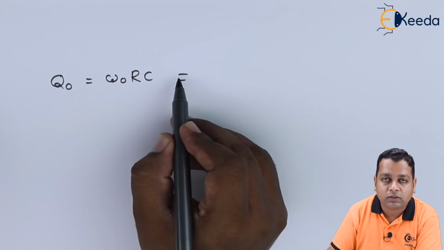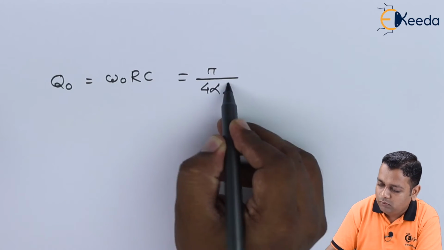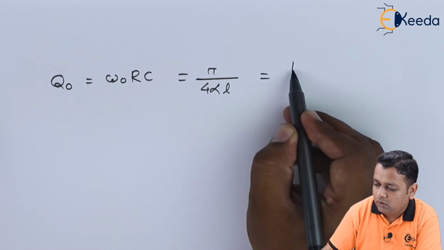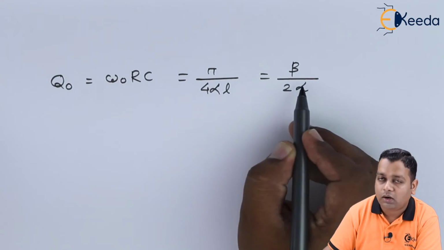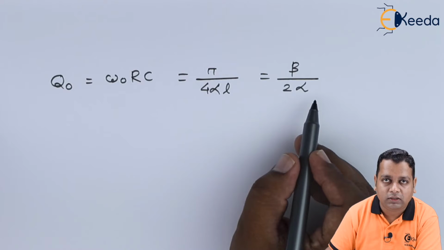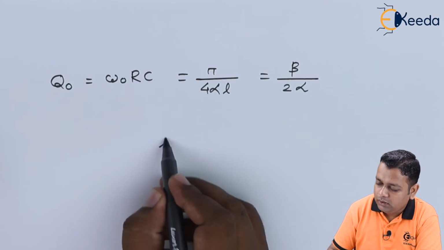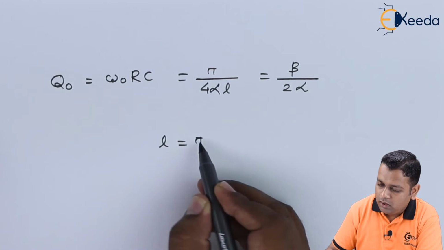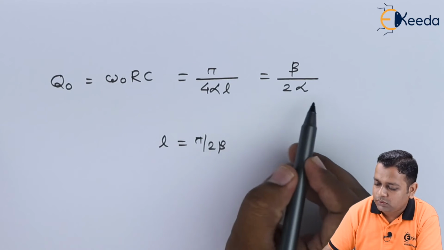It can also be further expressed in the form of pi divided by 4 times alpha L, which is equal to the phase shift constant beta divided by twice the attenuation constant alpha here. So here we have the substitution of small l equal to pi divided by twice beta to produce this relationship here.